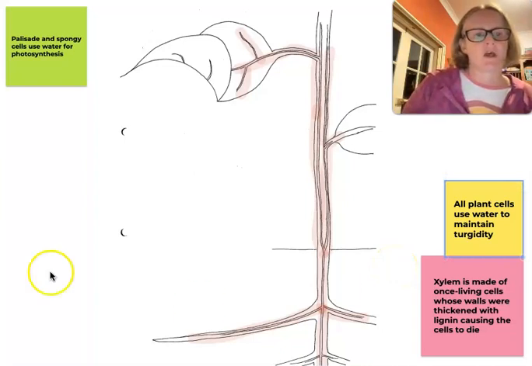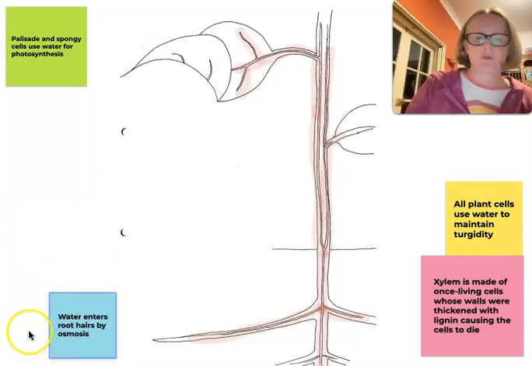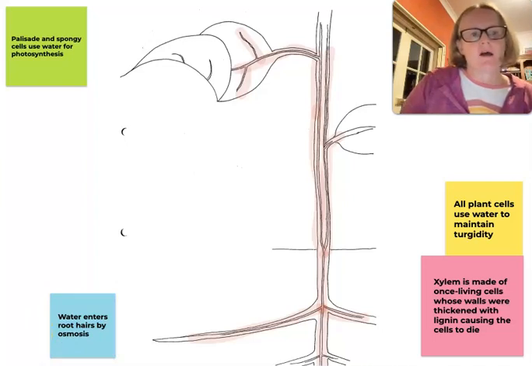I think we're going to start in the root. So the first thing we have to think about is what's going on with water in the soil. It needs to enter the roots. So we've got water coming from the soil going into the root cell. Because it's the movement of water across a cell membrane, it's by osmosis.